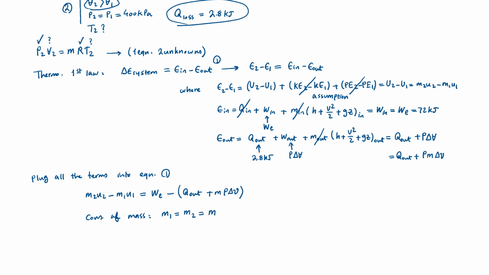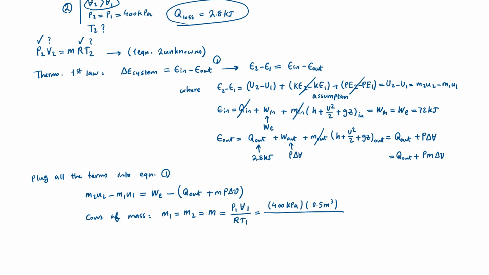And I can use the ideal gas law in the initial state to solve for mass. So it is equal to P1 V1 divided by R of nitrogen times T1. Initial pressure is given, 400 kilopascal. V1 is given, 0.5 meter cubed, divided by the gas constant for nitrogen. I can read it from table A1.